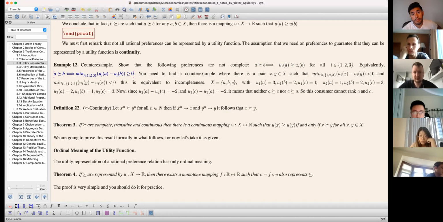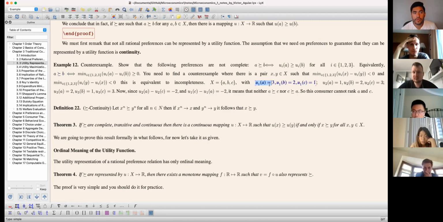So I created the simplest example possible. X, an abstract set with three items, A, B, and C. And then I declare these three utilities. Utility 1 ranks first A, then B with number 2, and then C with 1.